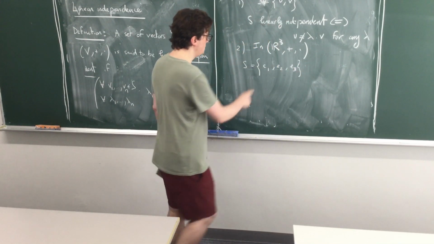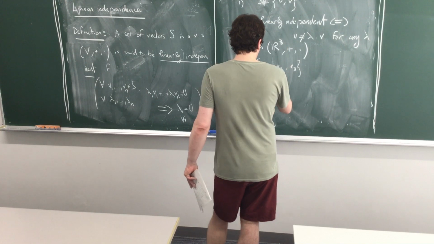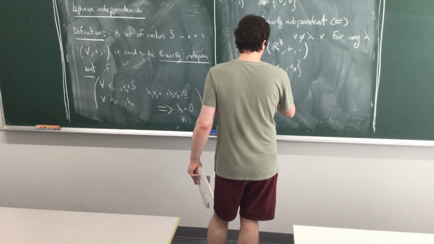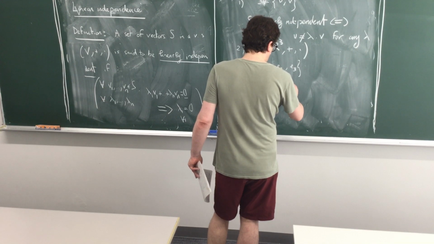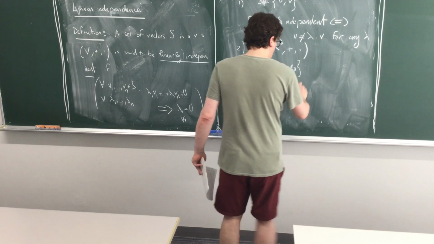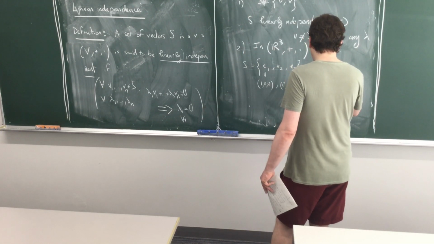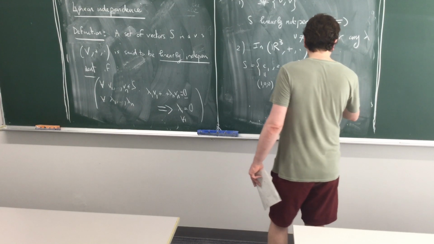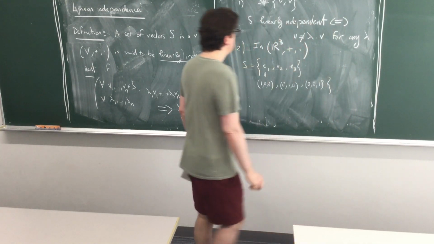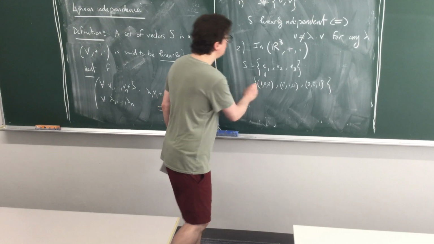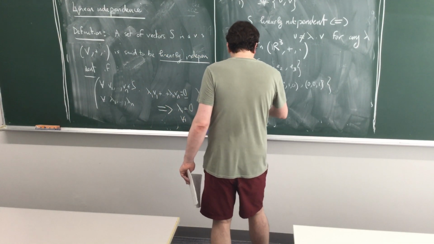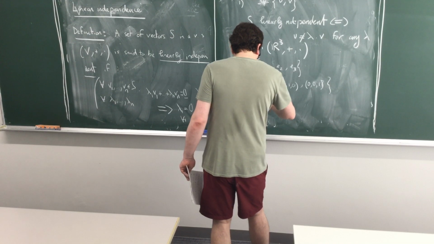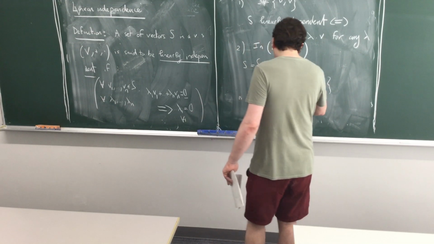Remember what E1, E2, E3 are. E1 was the triple (1, 0, 0), then E2 was (0, 1, 0), and E3 is the triple (0, 0, 1). So this set S is linearly independent.